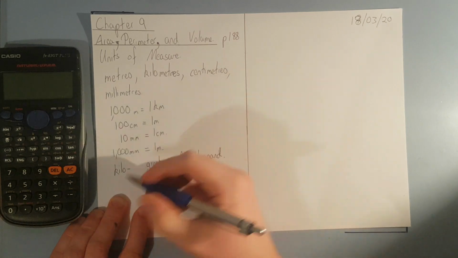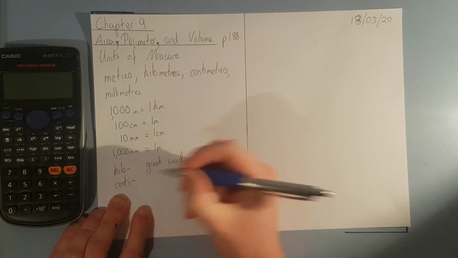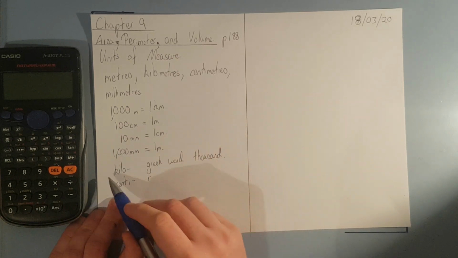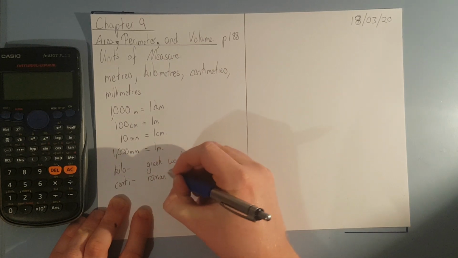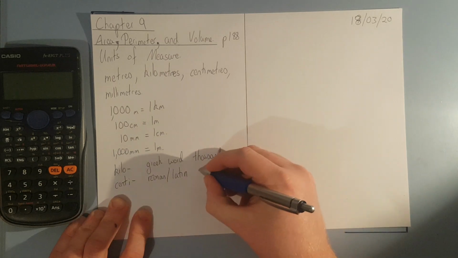Centi, similarly, now it isn't actually the Greek word for kilo, but centi comes from the Roman or Latin word for 100.